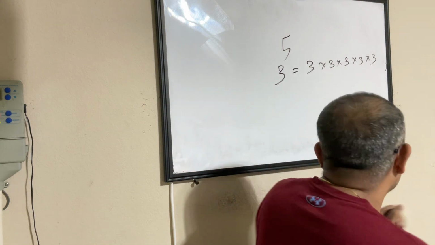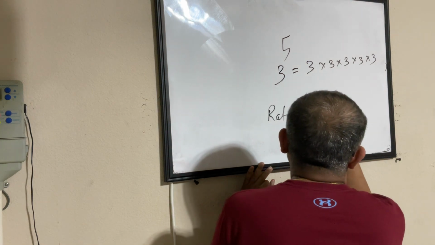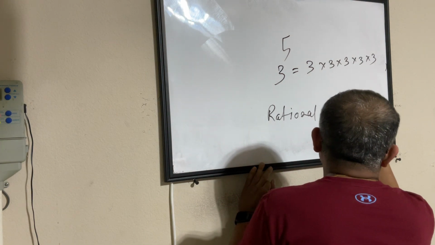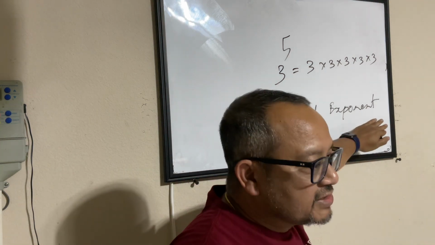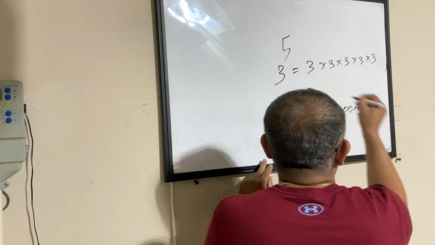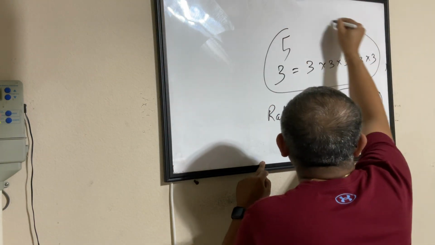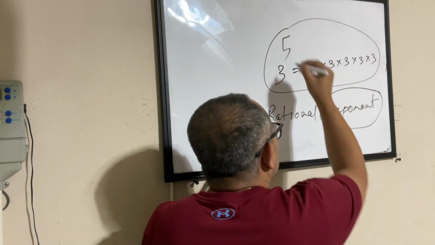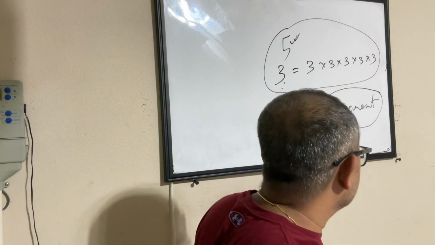Now, I said rational exponent. I have two words here, rational and exponent. We just talked about what is exponent. So here this is the exponent definition, where this is called the exponent of 3 or the power of 3, and this is my base.